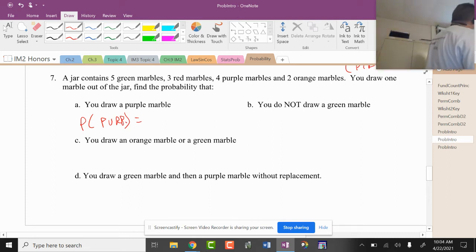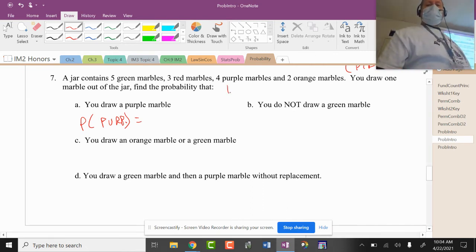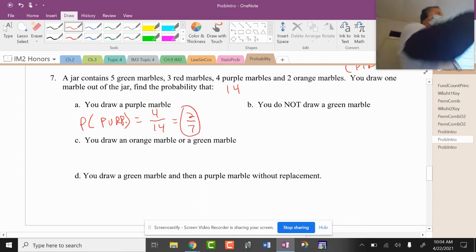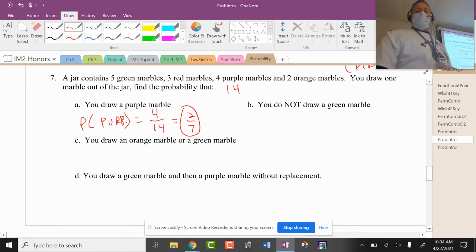Probability of purple is very simple. First of all, 5, 3, 8, 12, 13, 14, 15. Is that right? 8, 12, 13, 14. Sorry. So I have 14 total marbles. Of the purple ones, there's 4 of them. That's what I'm saying. This is probability 101. But we do have some things coming up that we do have to realize. You do not draw a green marble.